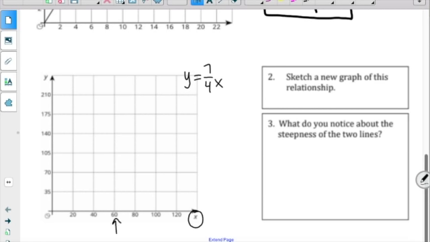So I'm going to make x equal 60. And when I figure out what y is, when x equals 60, I'll have my point. So I'm going to substitute in 60 for x. So I'm going to have y is equal to 7/4, but instead of x, I'm just going to pick what I used.